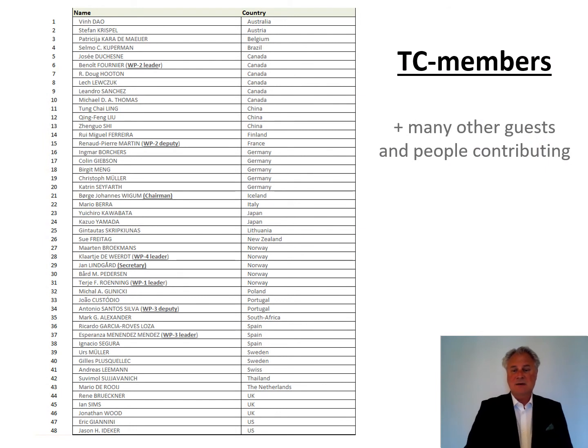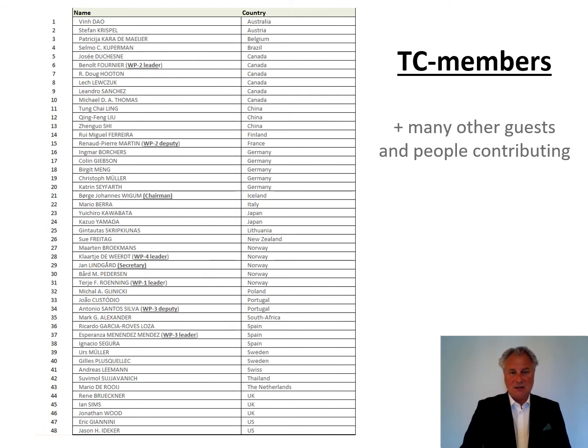There have been many participants in this TC. We have had many guests participating, of course, and other people contributing. But we ended up with this list of 48 people, which is the official list of members of this TC.